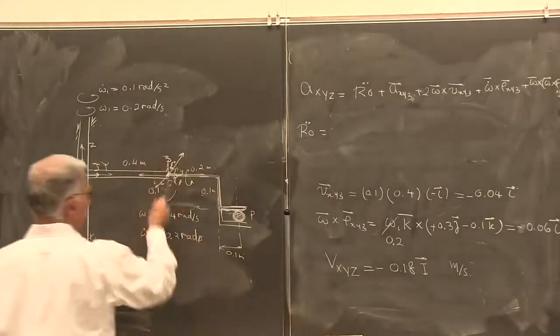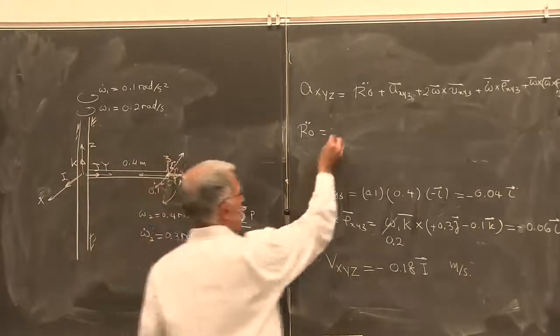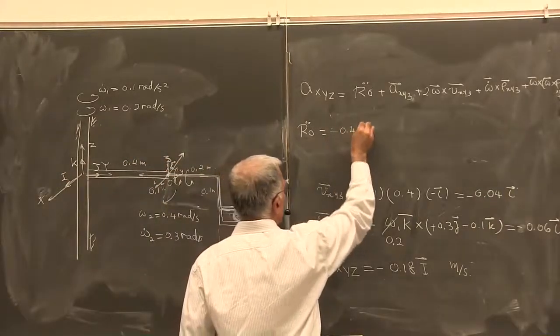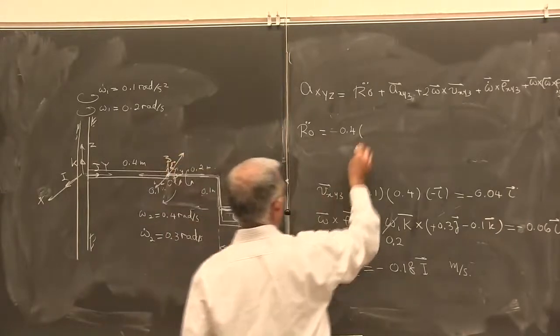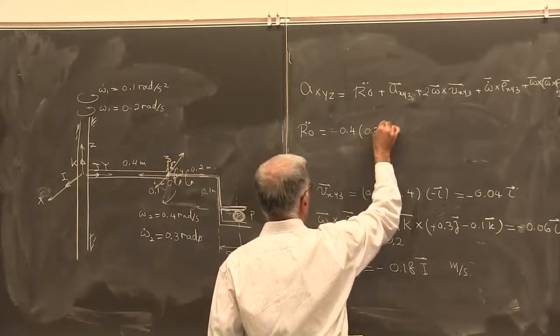So you have one acceleration here, which is minus 0.4 theta dot square, and theta dot square is omega 1, that's 0.2 square.